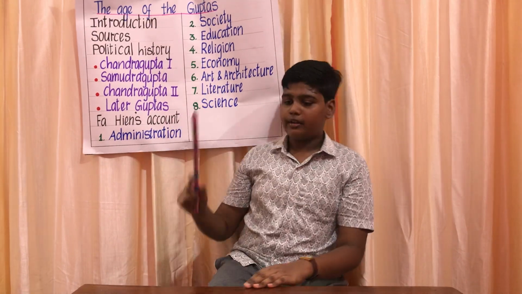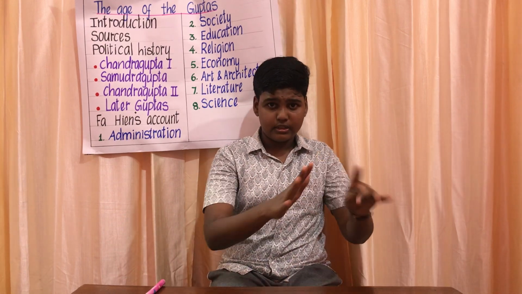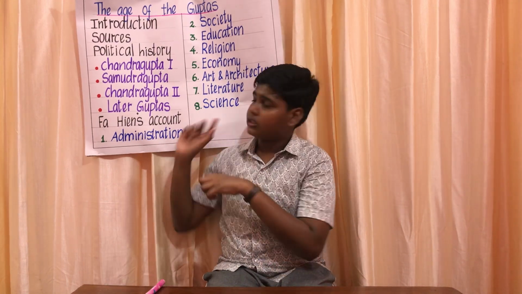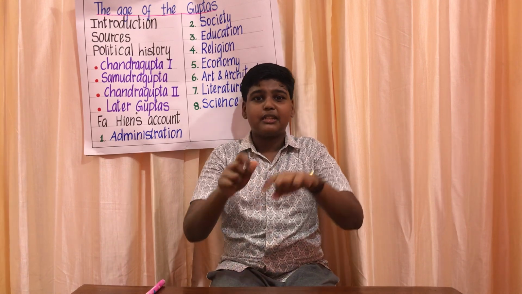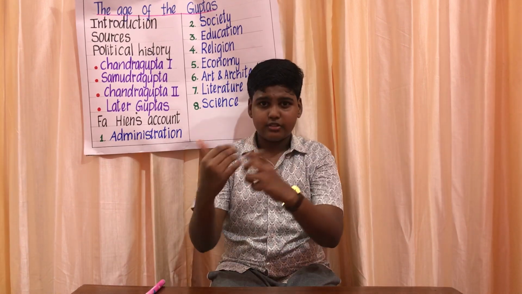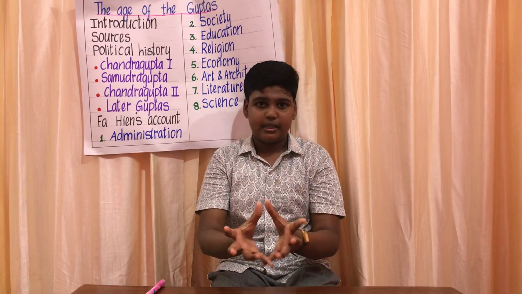The next is about art and architecture. The Gupta rulers were Hindus, and they gave many donations for building temples. The temples during this period were very small. They consisted of only one room, in which the statue of the deity is kept.